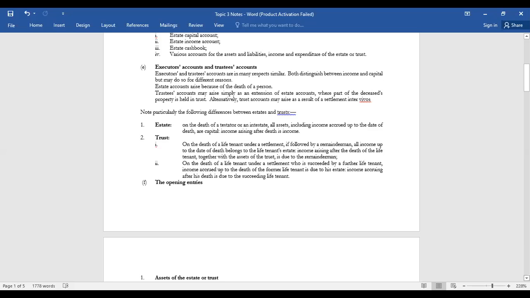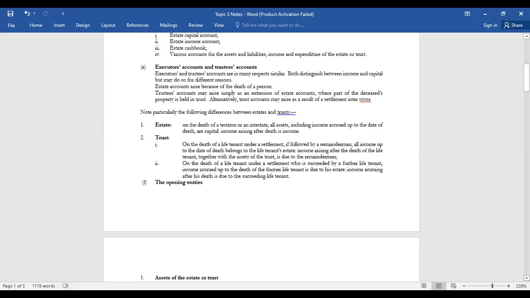And when they die, all the assets and the liabilities of the testator will now be transferred to the trust to manage. So that's the major difference. Whereas the executor is supposed to prepare and execute, the trustee is supposed to prepare these books and maintain them in the trust, as advised in the will.